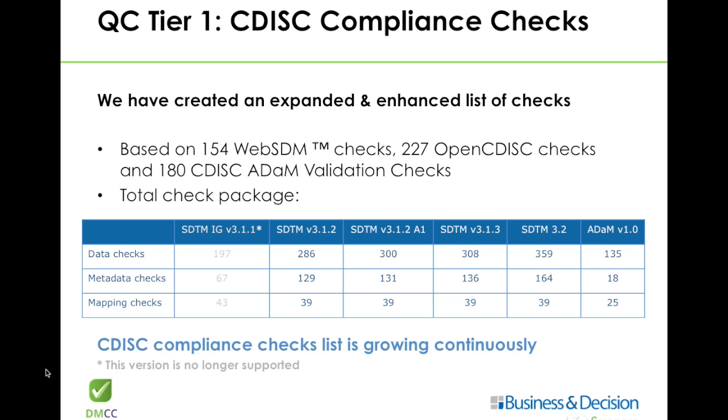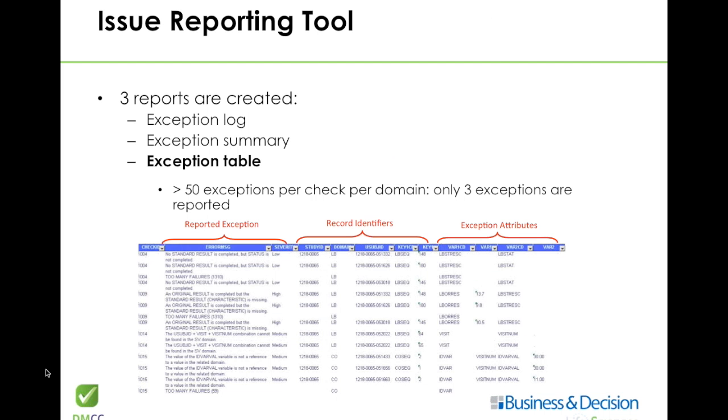So if we give you an example, we've based all these checks on WebSDM checks, OpenCDISC, and the ADaM validation checks, and we've got checks for each model. And of course, this checklist is growing continuously as new models are developed by CDISC at an exponential rate.